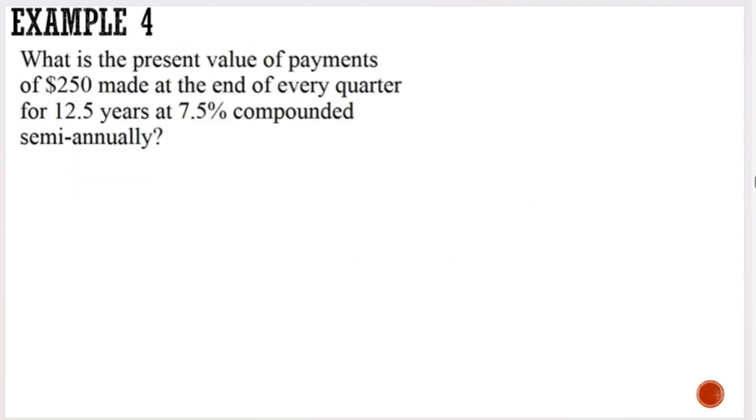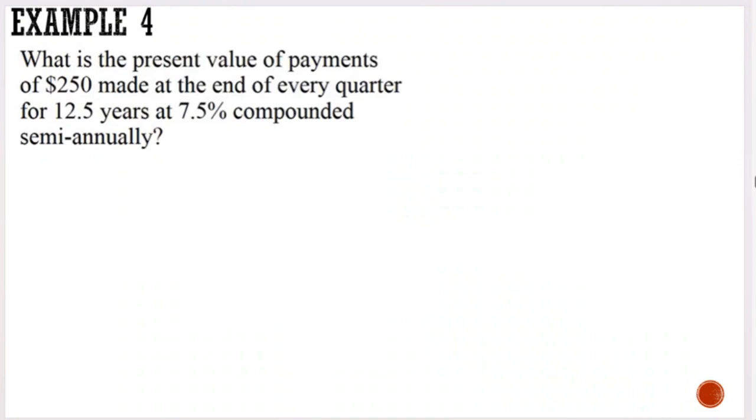Okay. Now here's a question for the annuity. Remember, we've got different annuities. You've got an ordinary annuity. You also have a deferred annuity. You also have an annuity due. Each and every one of these has different formulas.